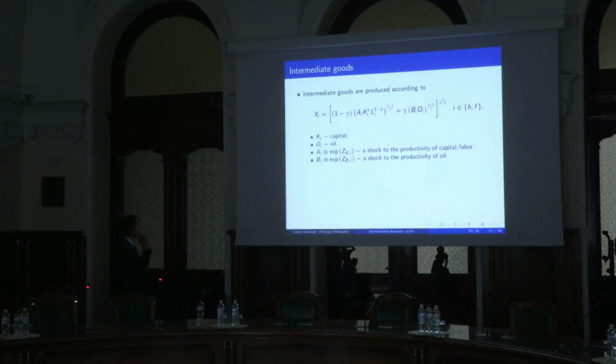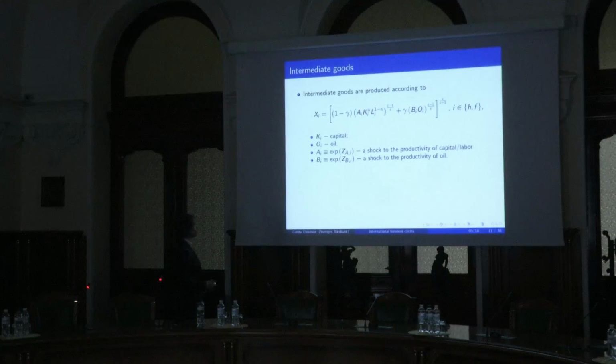Okay, here's an equation. This is the intermediate good, X, and it has subscript I, and I stands for H and F, so there are 2 countries. They have the same production technology for producing this intermediate good. And this object here, that is typically what the production function will look like in 99% of macroeconomic literature. You have a Solow type shock here, and then you have capital and labor in a Cobb-Douglas nesting.